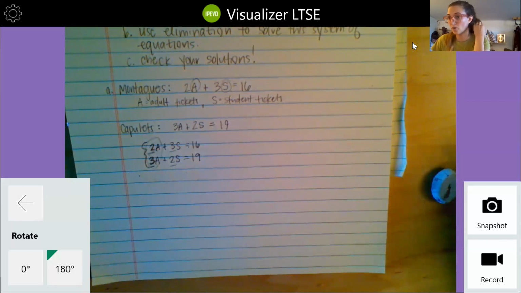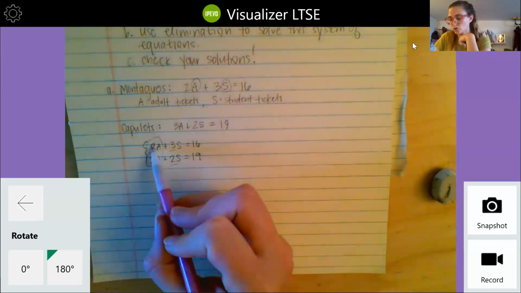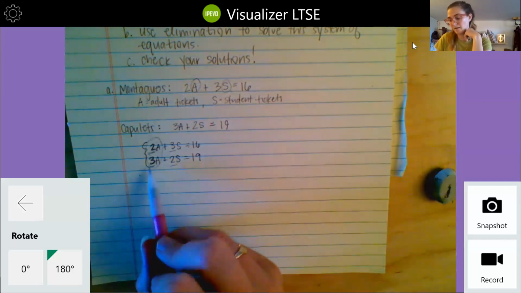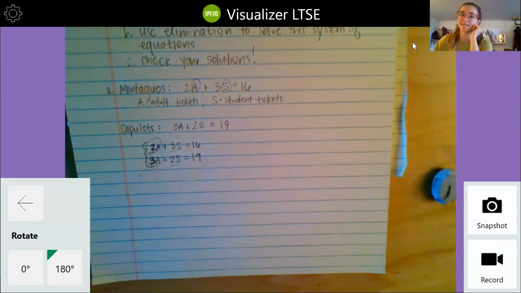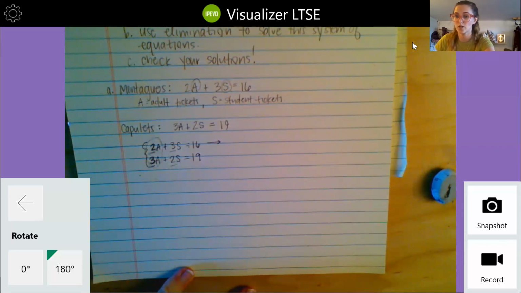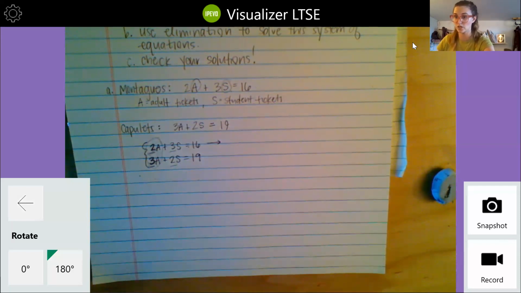So I know that if I multiply 2a by 3, I would get 6a. And if I multiplied 3a by negative 2, I would get negative 6a. 6a and negative 6a cancel out, which is exactly what I want. So we're going to give that a try. So I'm going to multiply this first equation by 3, the whole equation.